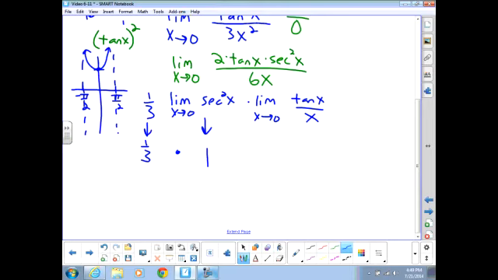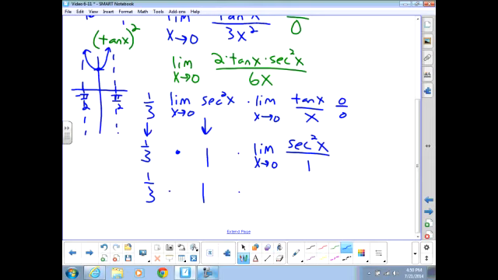And over on the far right, when we do direct substitution, we get a 0 over 0 case. So we're going to have to do L'Hopital's rule. So this will be times the limit as x approaches 0 of the derivative of tangent x, which we've seen several times is secant squared x, all over 1. So if we carry them down again, we've got 1/3 times 1 times secant squared over 1, which is just secant squared.